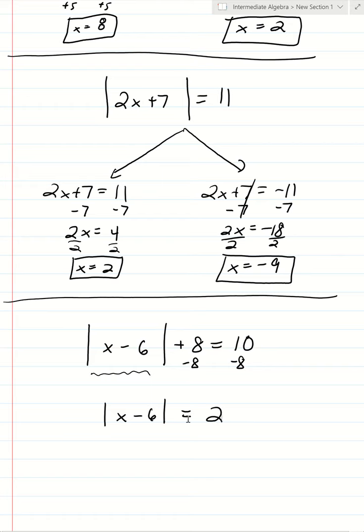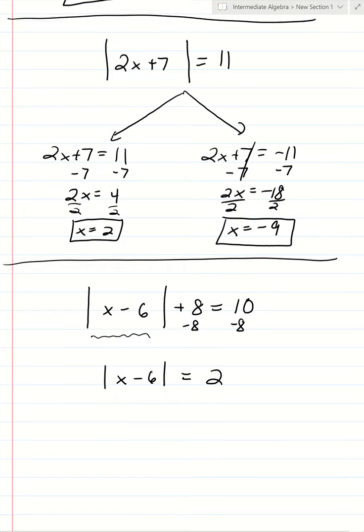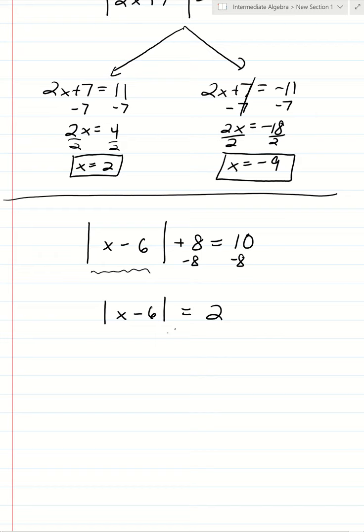Now we have prepared our equation because now we have the absolute value alone on the left equaling the positive constant on the right. And from now what we can do is once again set up the two equations. The first equation would read x minus 6 equals 2. And the second equation would be x minus 6 would equal the opposite of 2, negative 2.